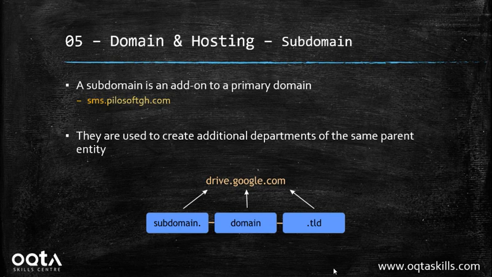You don't want to give it a new identity on its own. You just bring it under the parent company. It's just like a subsidiary business, a business that is registered under another business.